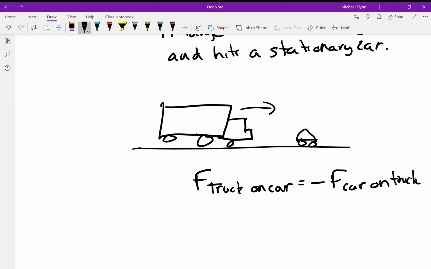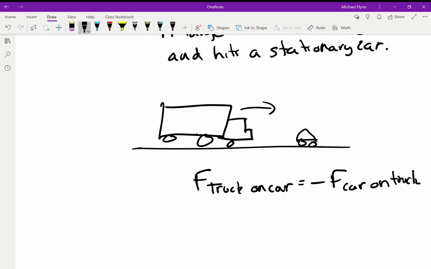If you're in this huge, massive object, like the truck driver, you're going to get a very small acceleration as a result of this collision, but the car is going to get a very large acceleration. And we've seen in questions already that a really large acceleration, on an elevator for example, could actually crush you.